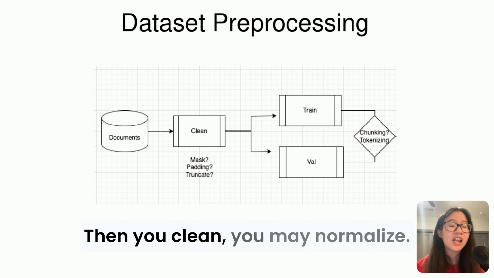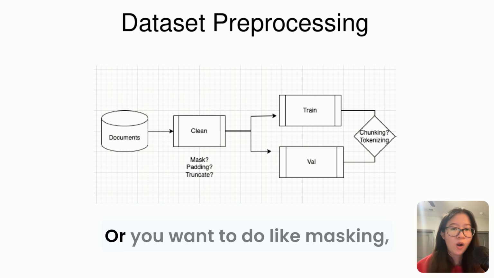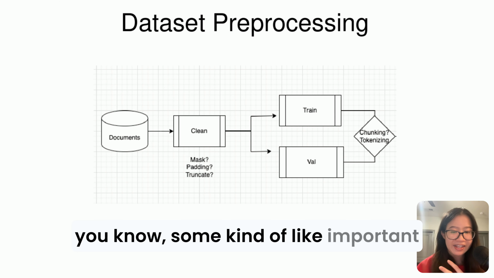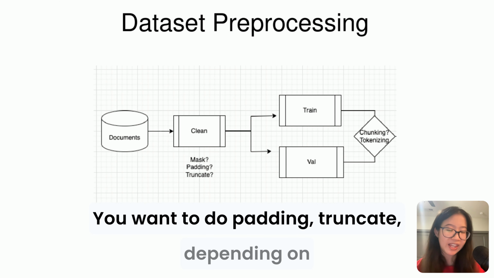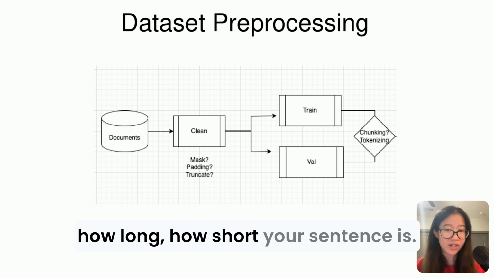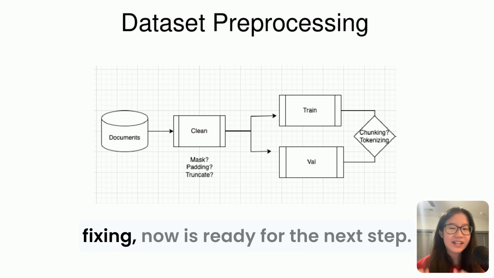Then you clean and normalize: you want to remove duplicates, fix the typos, remove all of the weird characters, or do masking of important information such as personal information. You want to do padding or truncating, depending on how long or short your sentences are. And after you have fixed all of that, it is ready for the next step.